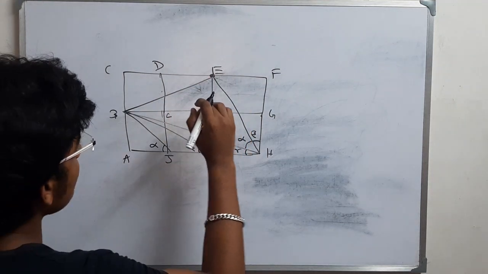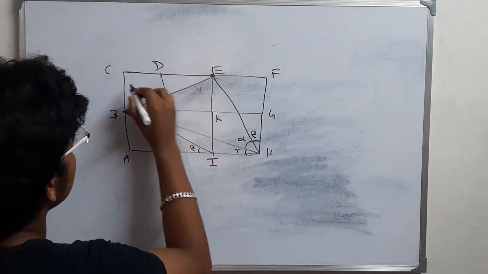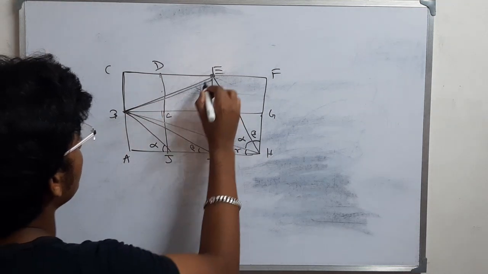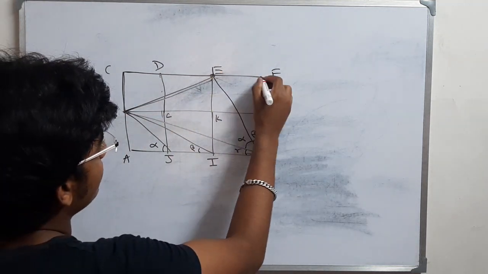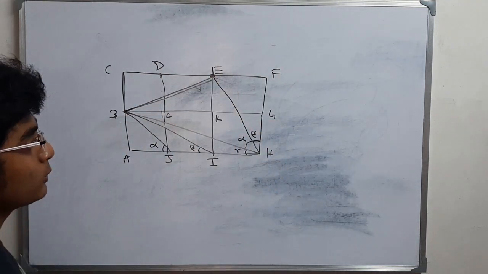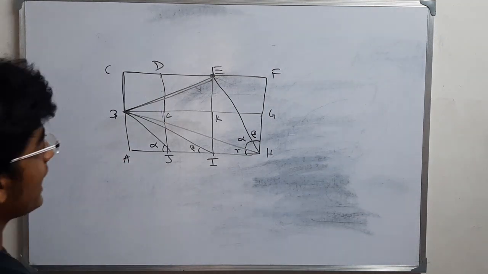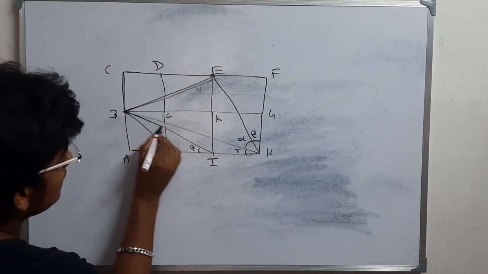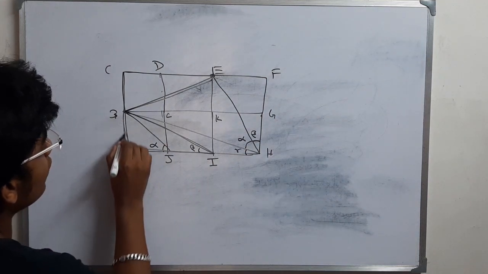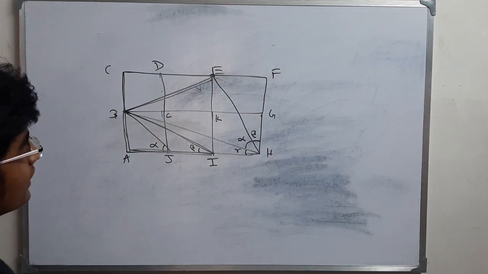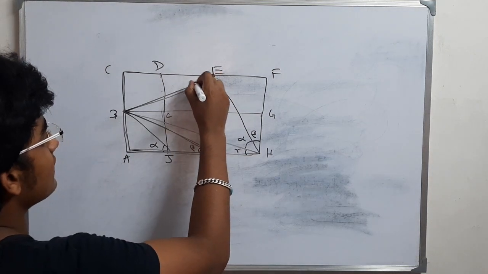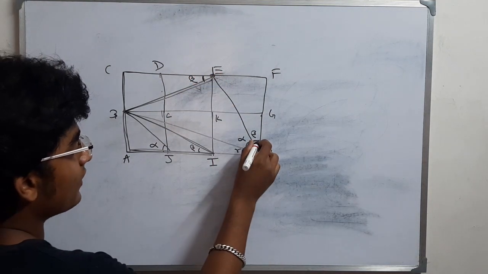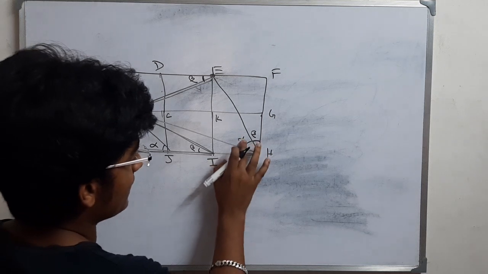Now let us analyze it. This particular triangle and this particular triangle are both right triangles. If you compare these two triangles with this triangle, you can observe that this angle is itself a beta and this angle is itself a beta.